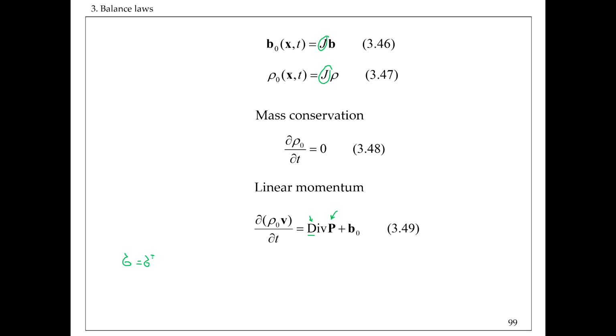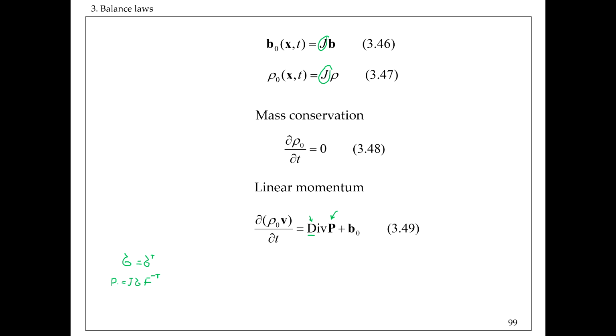Now we also know that our P is a little bit different: we have J sigma F minus transpose, and therefore P is not necessarily symmetric. Sigma is symmetric, but it's multiplied by F minus transpose, meaning that P is not symmetric.